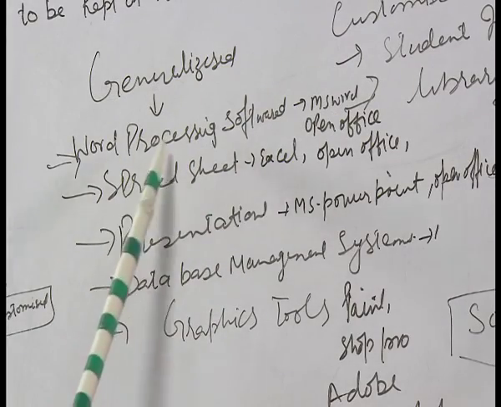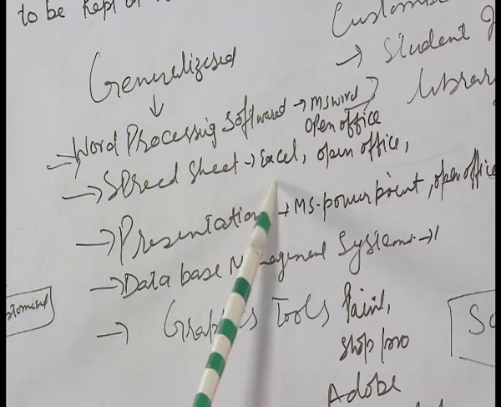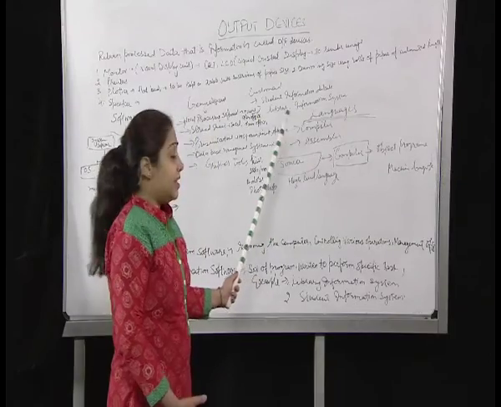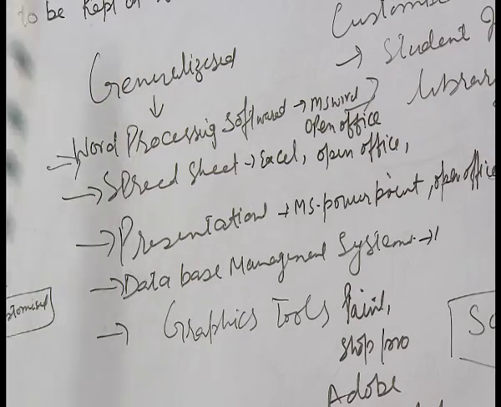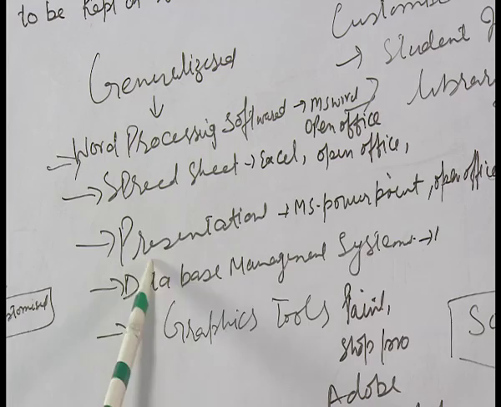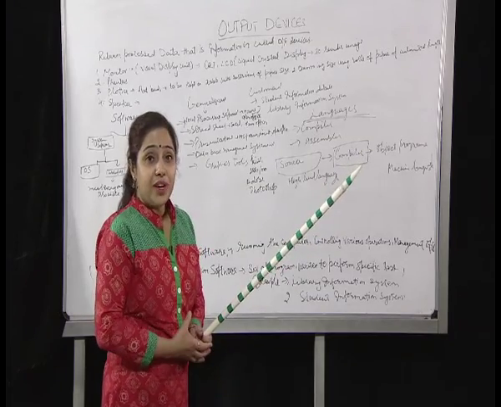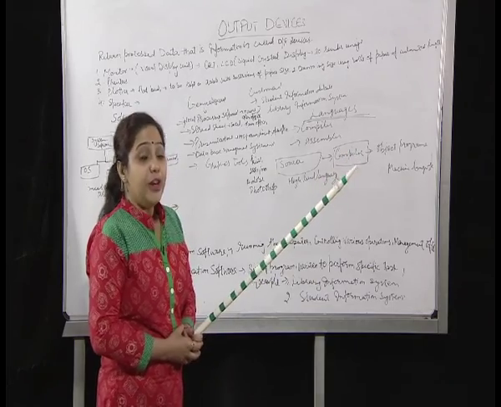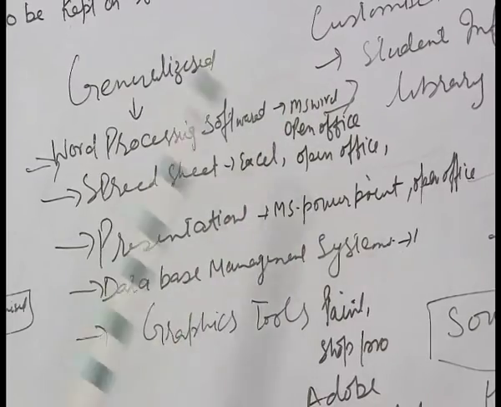And second one is spreadsheet. What is spreadsheet? In spreadsheet we have Excel, OpenOffice, these kinds of applications. Now third one is presentation. In presentation we have Microsoft PowerPoint, OpenOffice and all these things.